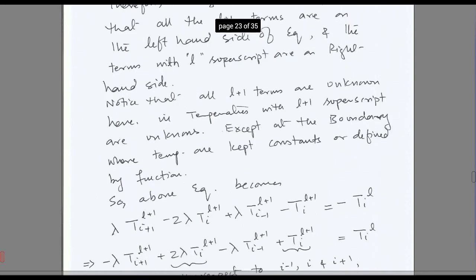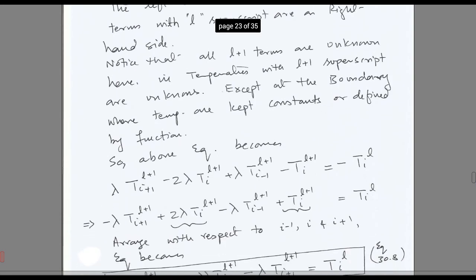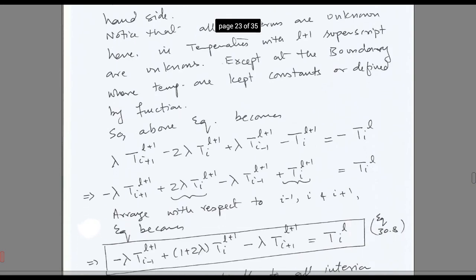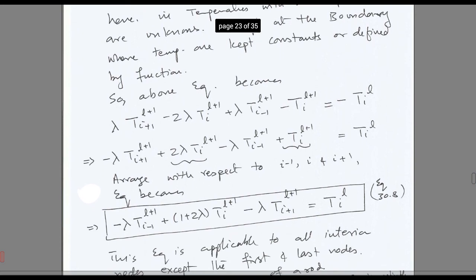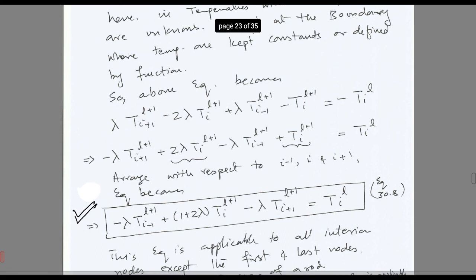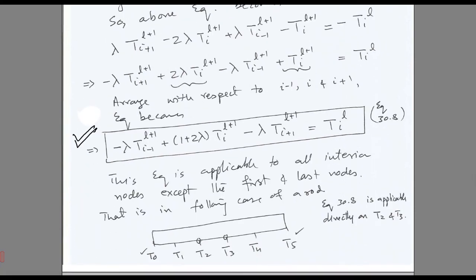So rearranging them, notice that all the L plus 1 terms are unknown here, and finally we arrive at this equation 30.8, where this is Ti minus 1 unknown, Ti plus 1, of course.